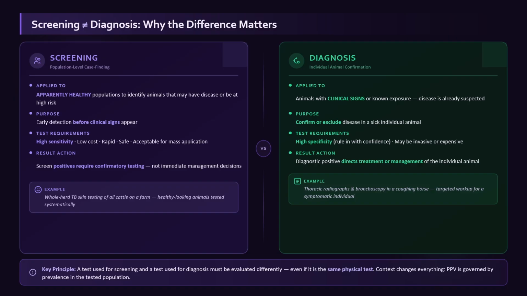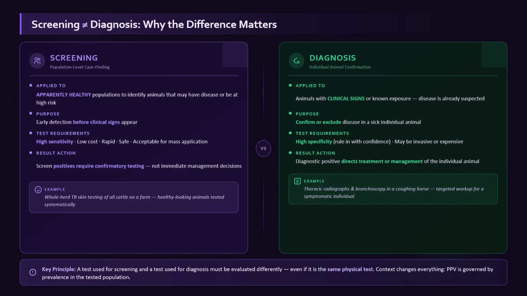And here's the punchline. Low prevalence devastates your positive predictive value. Even with a very good test, a positive result in a low prevalence screened population has a much higher chance of being a false positive than a positive result in a sick animal you already suspected.